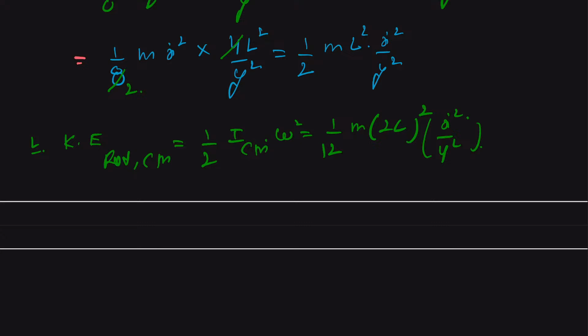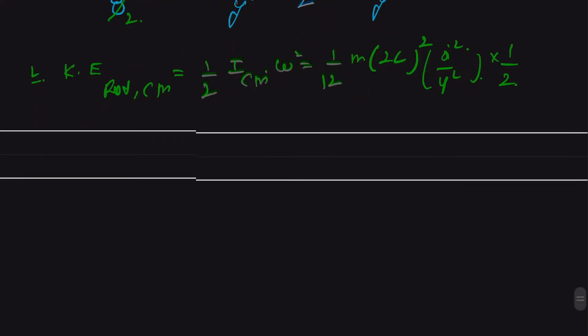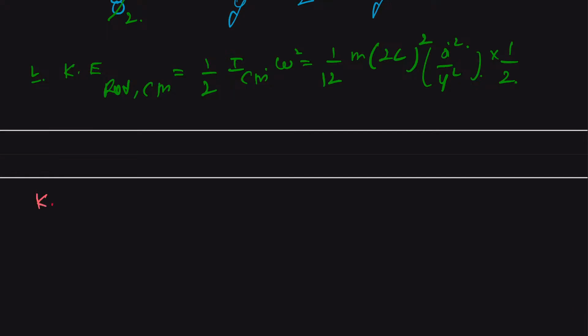So this comes as, multiply by 1 by 2. So we get our kinetic energy rotational for our center of mass. This will be coming as 4 by 3, then 1 by 6, and we are having this as our m l square, and this will be our x dot square upon y square.